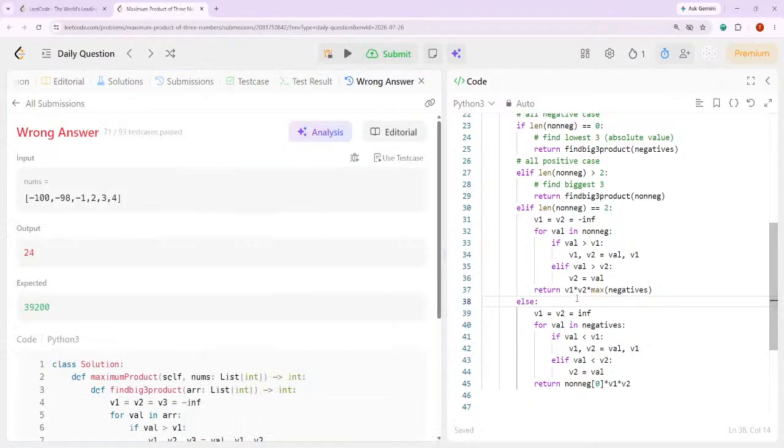Oh my gosh. Oh my god, this is a logic error. So here I should be multiplying the smallest two negatives and the biggest positive instead of the biggest. Yeah, that's so bad, huh?